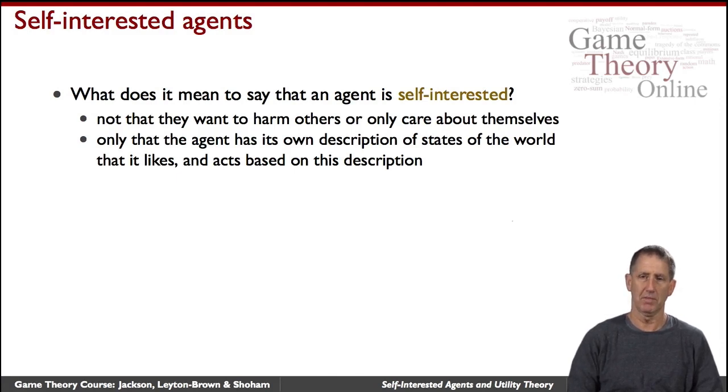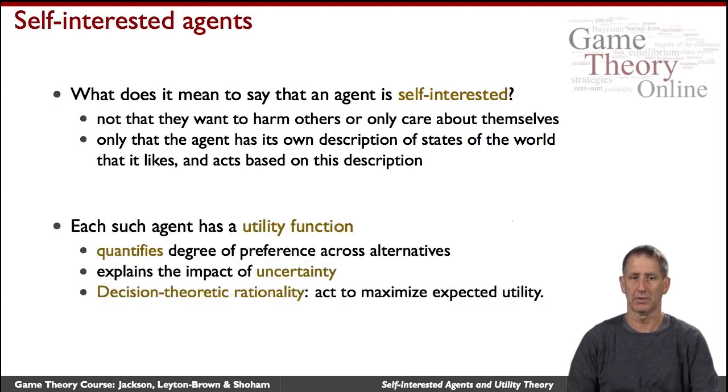And so there's some description of the world, how the world could be, and in different descriptions, the agents have different preferences and different utilities, as we'll say. And so what we mean by a utility function is a mathematical measure that tells you how much the agent likes or does not like a given situation.